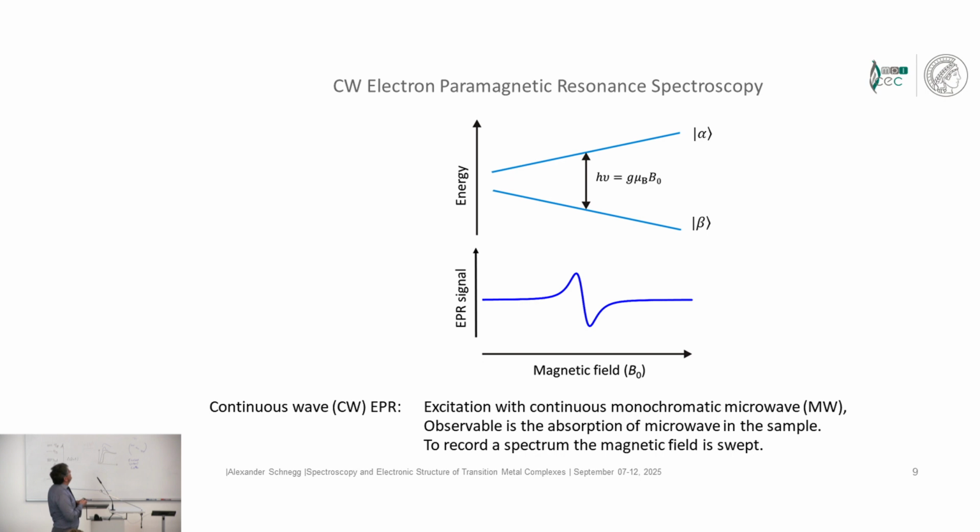This is called continuous wave electron paramagnetic resonance, and as you may guess, from continuous wave we irradiate continuous radiation on our sample while sweeping an external magnetic field, and therefore we change the energy splitting of our spin, and in the moment we hit this fixed microwave energy, we detect an absorption spectrum. This is usually detected as a derivative spectrum, and why this is I will explain in a minute.